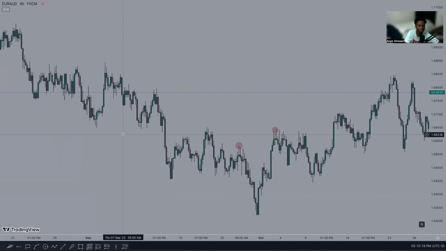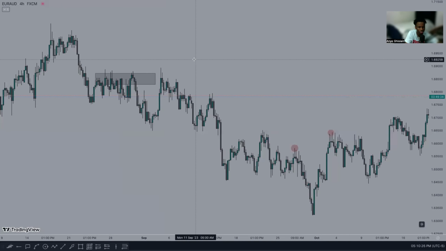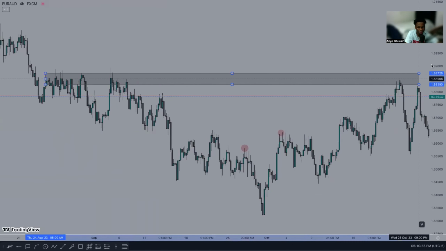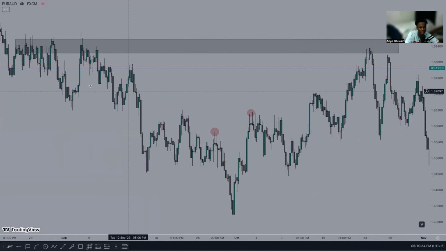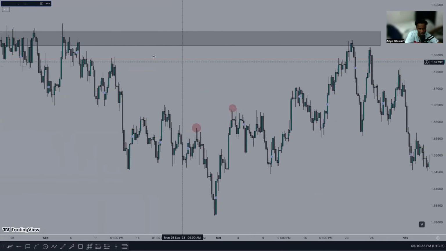Could we have normally traded these areas without a trend line? The answer is yes. Without any trend line, clearly you can see that price has rejected that area a bunch of times. If price should come, I'll take my sell, put my stops above this wick, and I'm done.